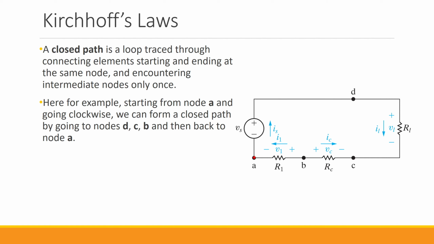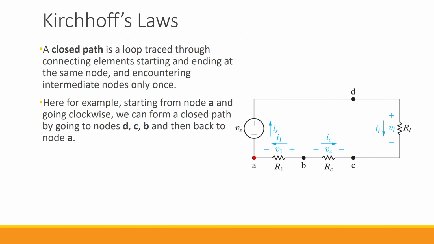You can say, for example, here, if you go around the loop without any break in the circuit, you end up at the same node. So if you start from a node in your circuit and you go through the elements of your circuit and you end up at the same location without having any breaks in your circuit, that is what is called a closed path.